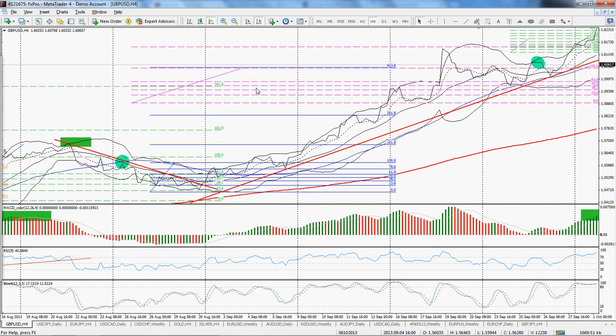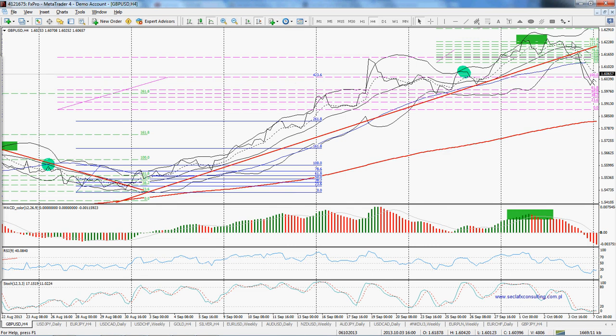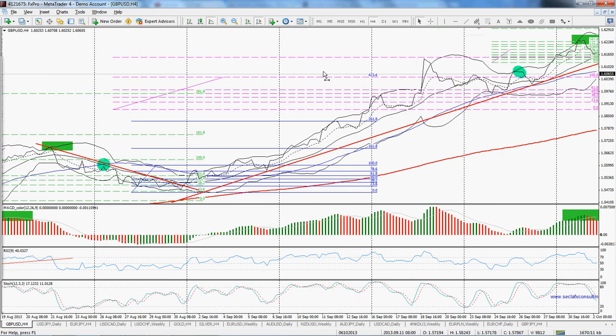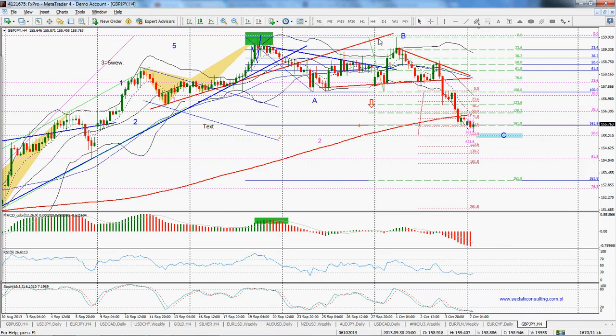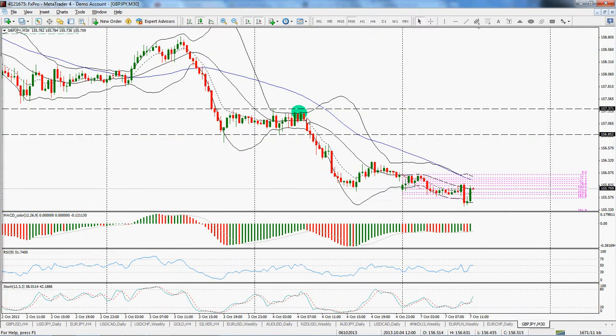I plot a trend line and I call it a support line or a resistance line. I take this trend line and I plot it on the charts. If you take a book, in a book you will find something which looks like horizontal lines, and they are called resistance or support lines.